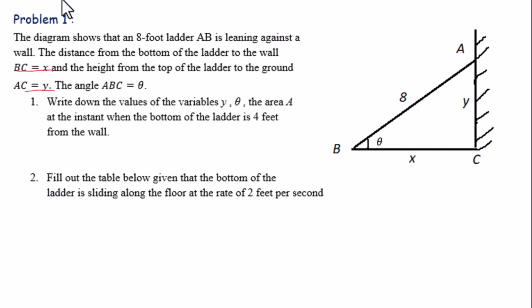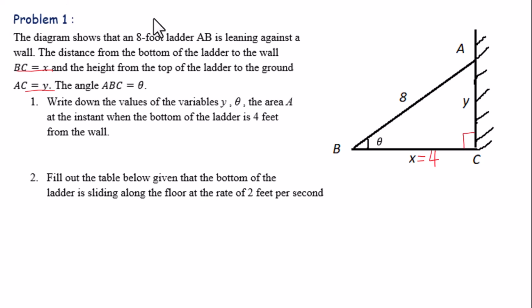Write down the value of the variables y, theta, and the area A at the instant when the bottom of the ladder is 4 feet from the wall. We know this is a right triangle.